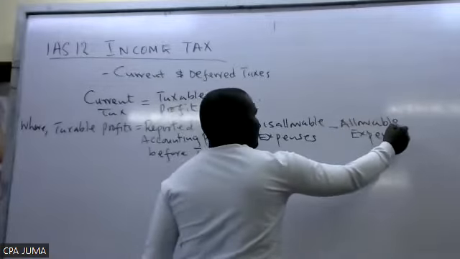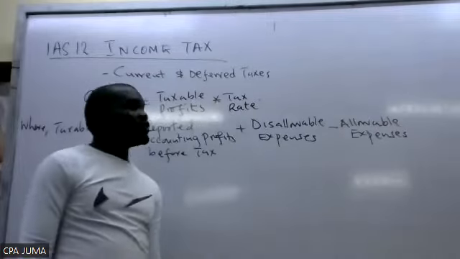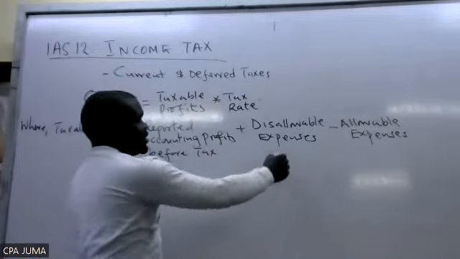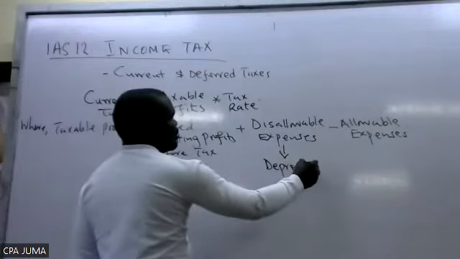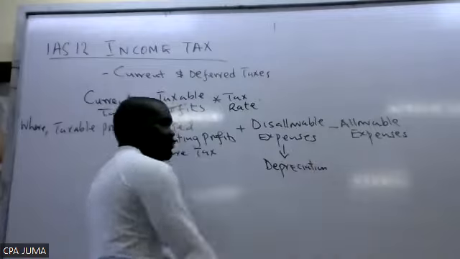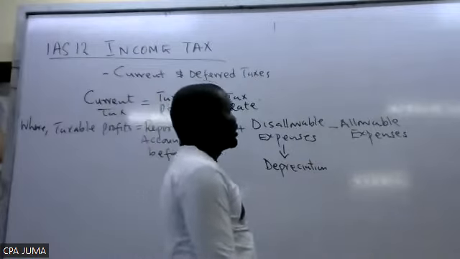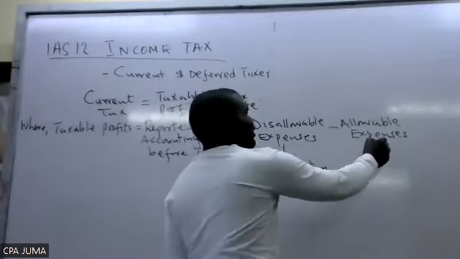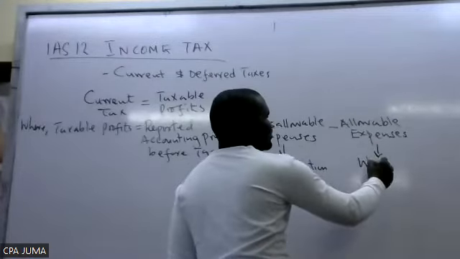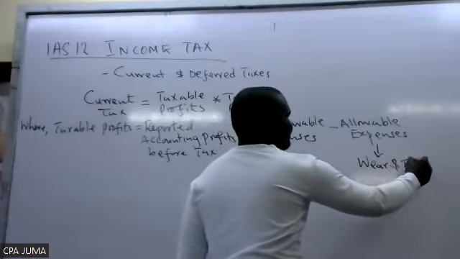Good examples of the disallowable expenses: one good example is depreciation, while for tax the allowance is wear and tear.